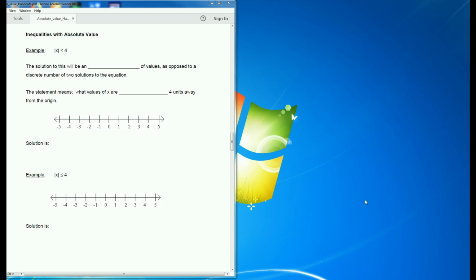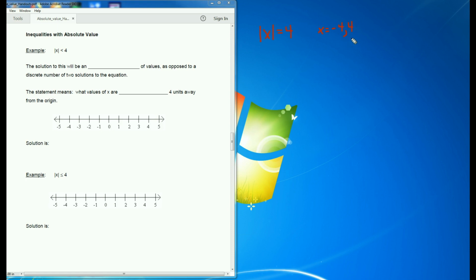Okay, so let me move on to inequalities with absolute value. All right, so let's go back to the first problem we solved, which was absolute value of x equals 4. It's exactly equal to 4. So then we said the solutions to that were either x equals negative 4 or x equals positive 4.